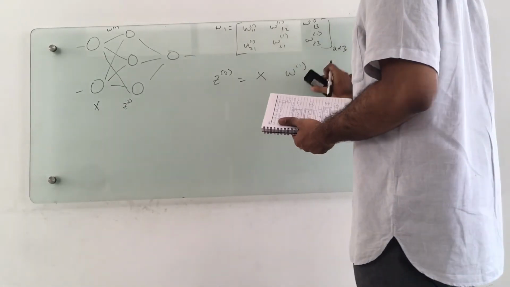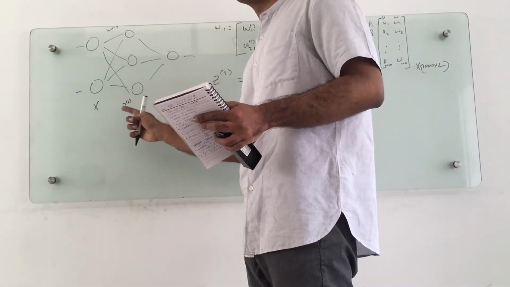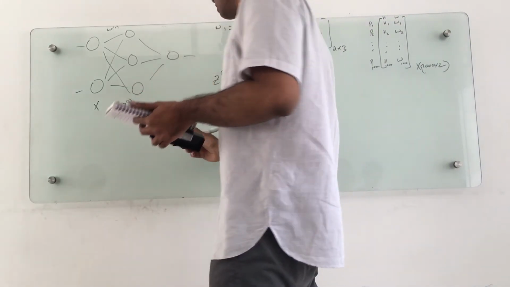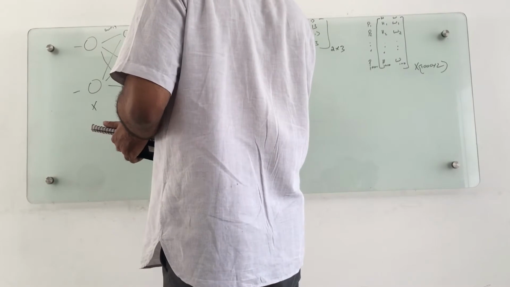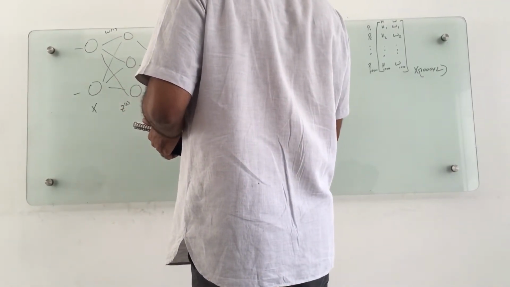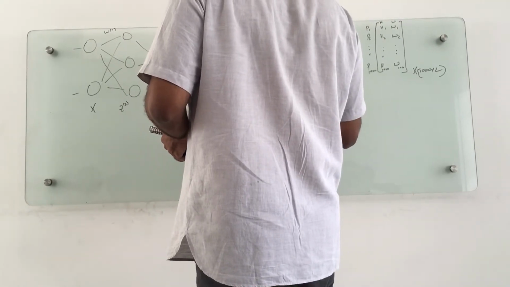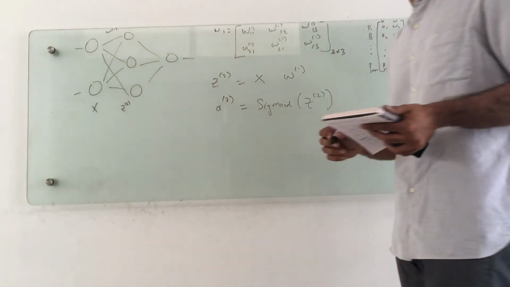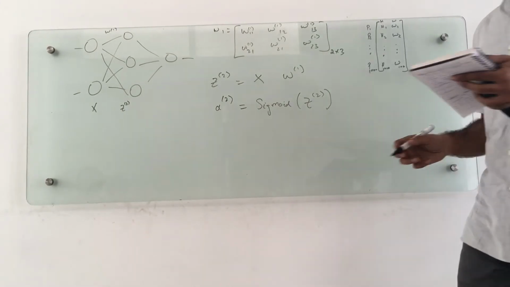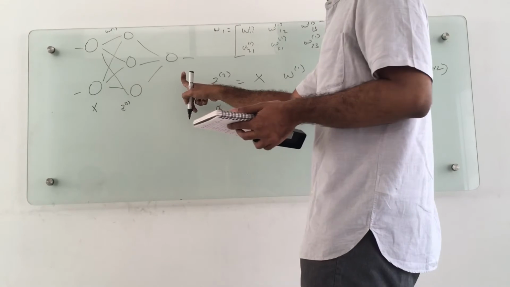Now you activate it. You go through an activation function. So I just say sigmoid of Z2. Now I need to go from here to here.